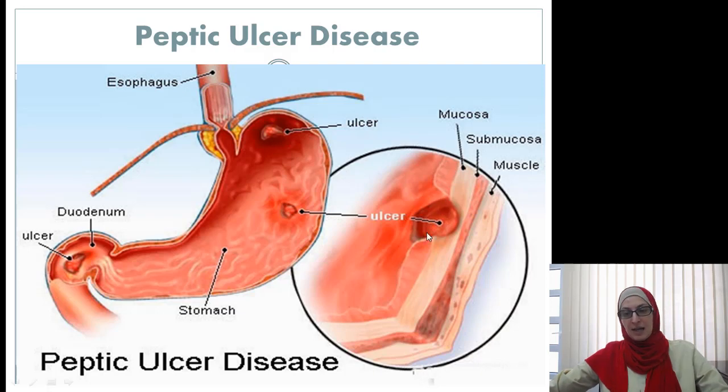And as you can see, the ulcer can go deep into the layers of the mucosa, submucosa, even perforate the muscle, and this would lead to massive bleeding within the stomach. Of course, when this blood is mixed with the acid, it will turn into a dark brown, coffee-like substance.